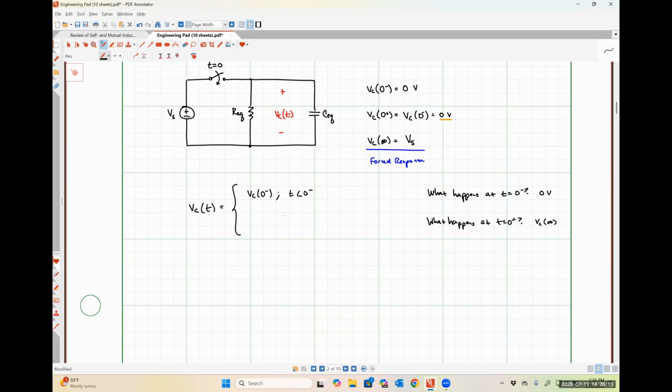Instead of having just VC at 0 plus like we had on Wednesday, now I'm going to have VC at 0 plus minus VC at infinity, times e to the minus t divided by REQ times CEQ, plus VC at infinity for t greater than or equal to 0 plus.